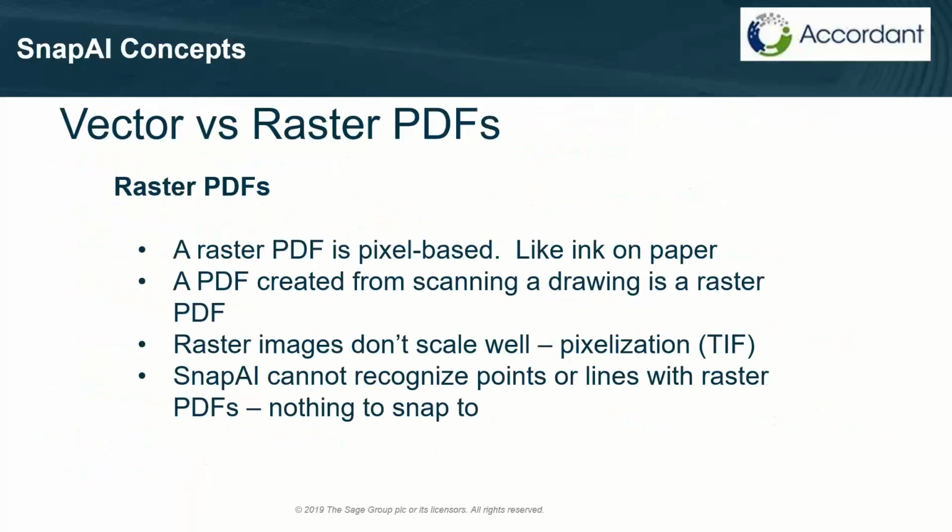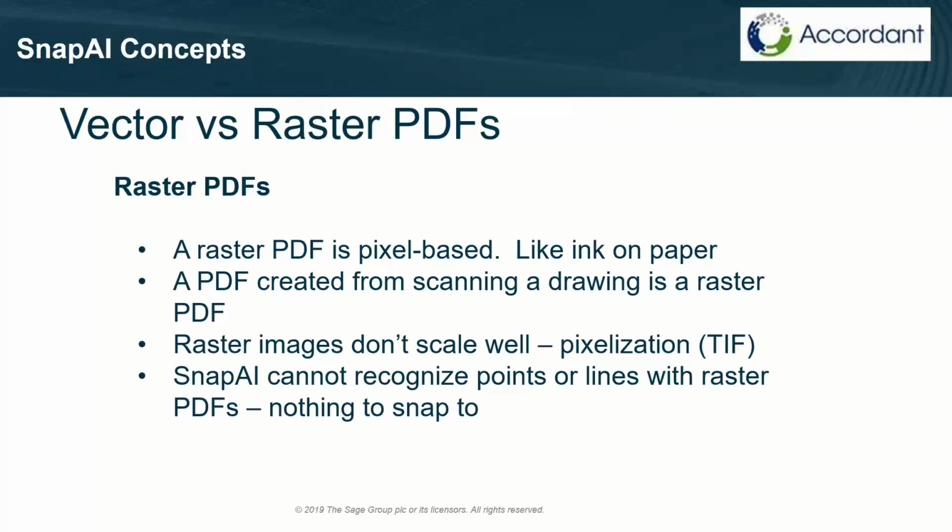So talk a little bit more here about the vector versus the raster. So the raster is this ink on paper. If you scan a PDF drawing or scan any type of a drawing, it becomes a raster file. There's no usable data embedded in that file.